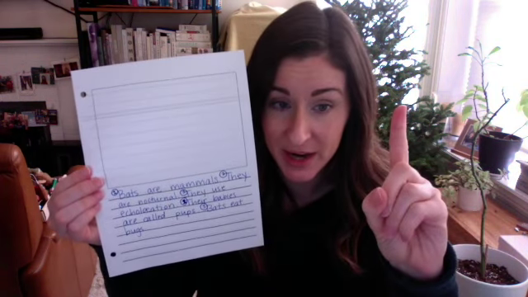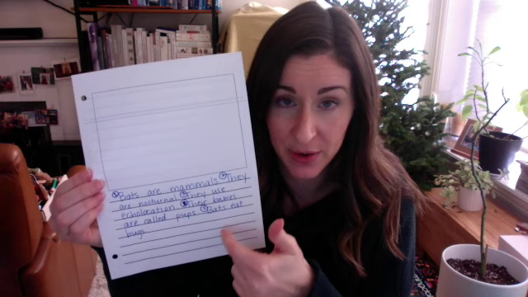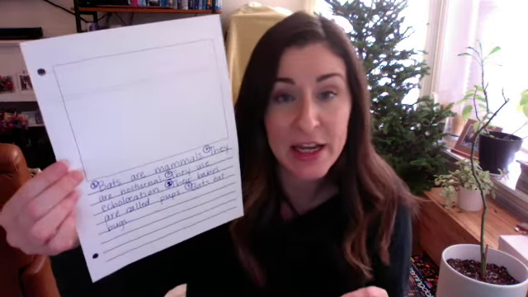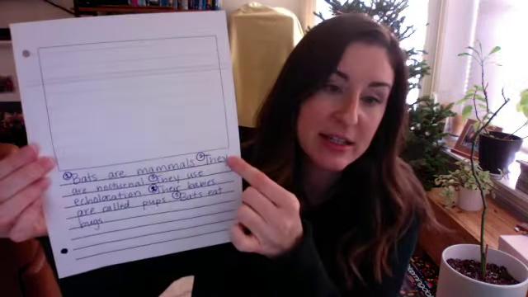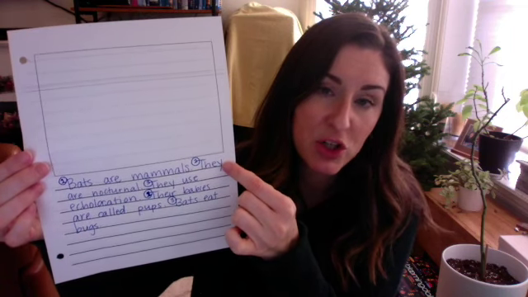That means I have to take one of these topics that I wrote down on this page and turn it into an entire page of writing. I decided to use the second sentence here that says they are nocturnal. I'm going to take that sentence and turn it into an entire page all by itself.